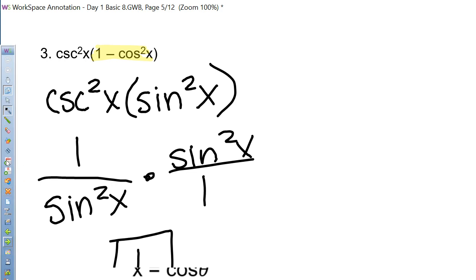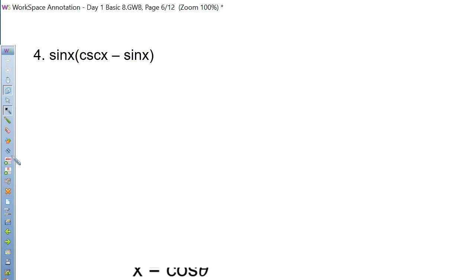Next one, number 4. Let's see if I can see a shortcut. First of all, do you see a 1 and a squared trig? No, so that won't work. So if that doesn't work, you could change everything to sines and cosines. So let's go ahead and distribute first, and then we'll do that next.